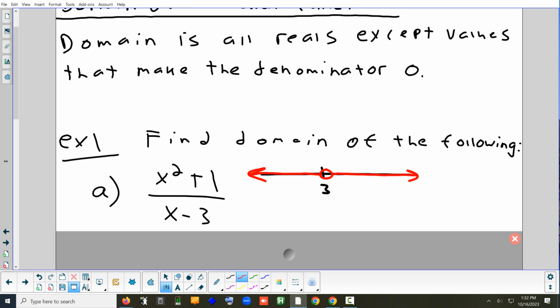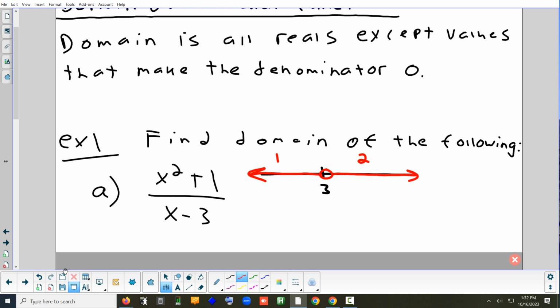So let's see if we can describe. We have 2 different parts, everything below 3 and then everything above 3. Let's see if we can just describe each part. Okay. In the below 3, what's the lowest that interval 1 goes? Negative infinity. It just keeps going to negative infinity. Do you ever reach negative infinity?